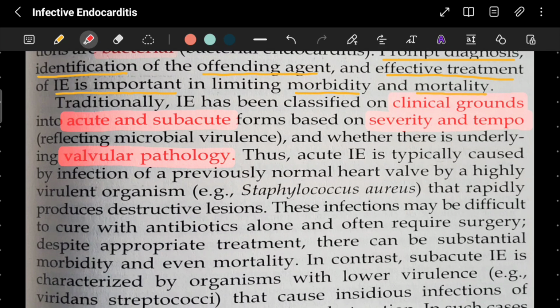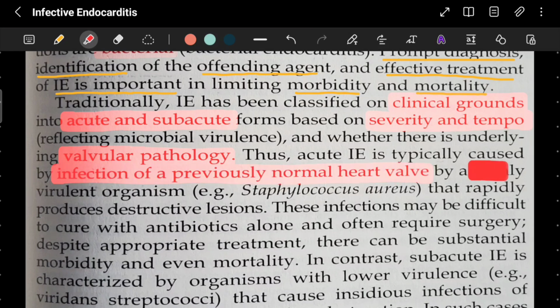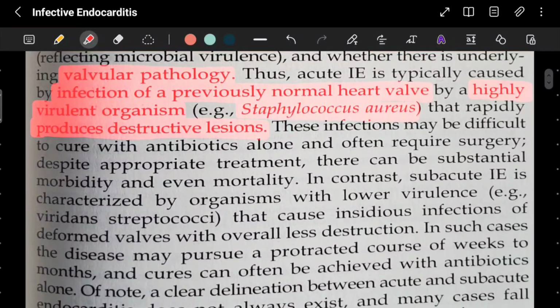Thus, acute infective endocarditis is typically caused by the infection of a previously normal heart valve by a highly virulent organism, example Staphylococcus aureus, that rapidly produces destructive lesions. These infections may be difficult to cure with antibiotics alone and often require surgery.